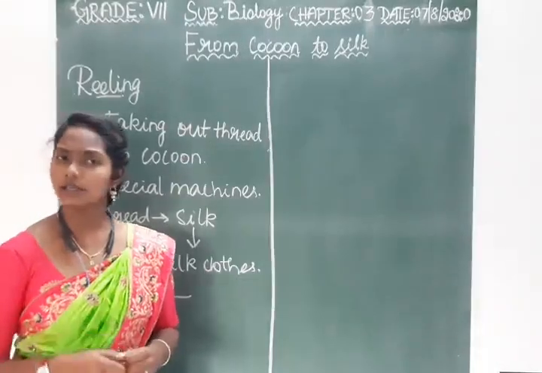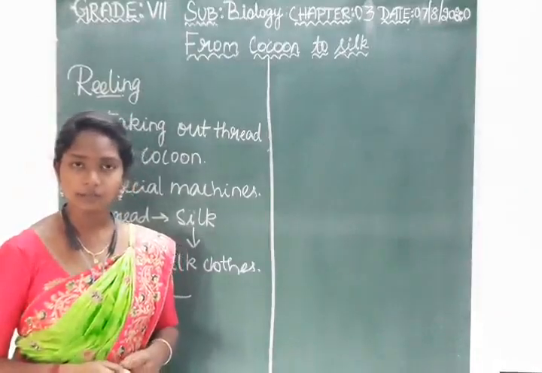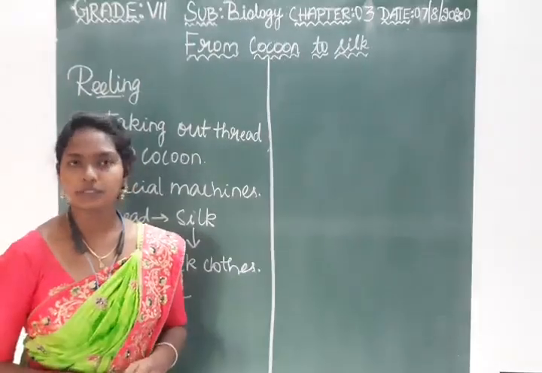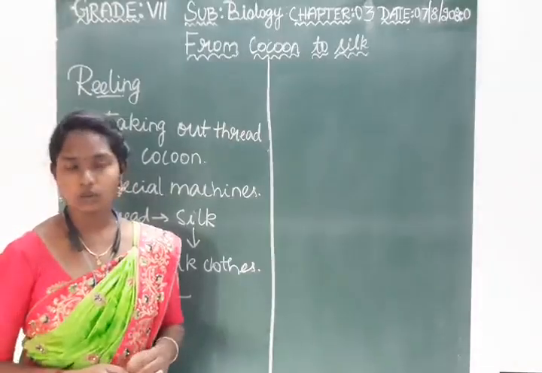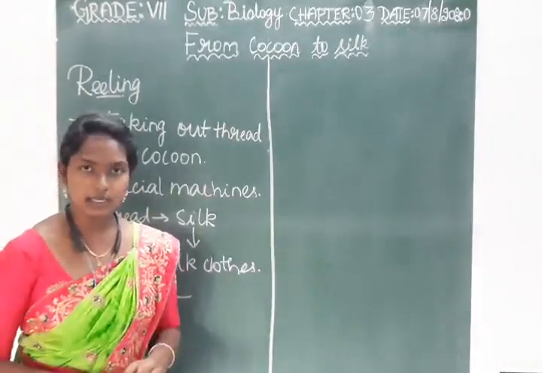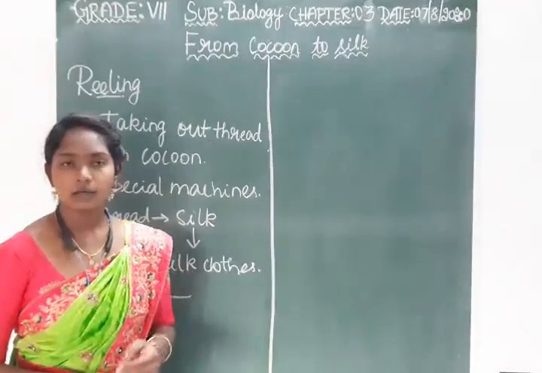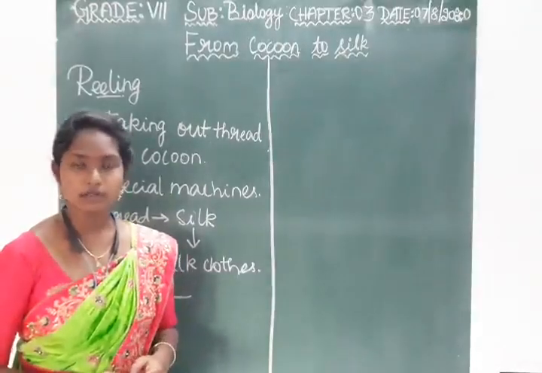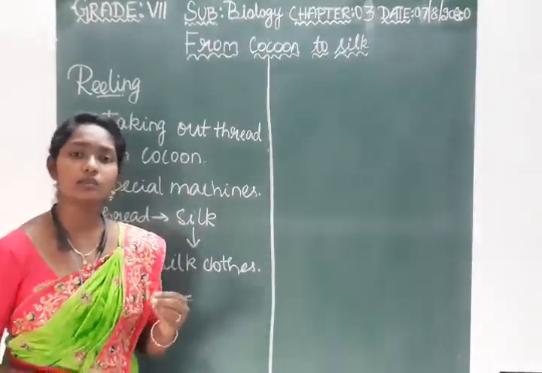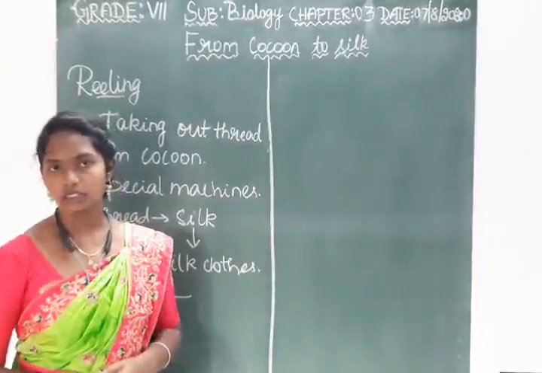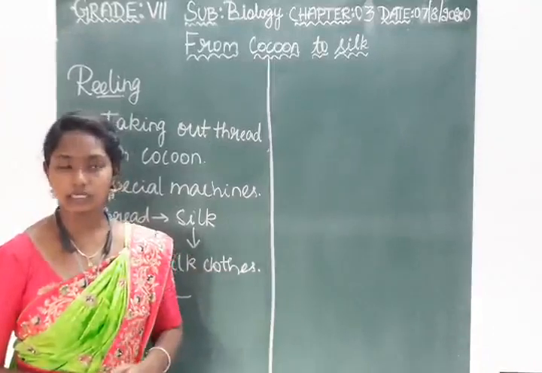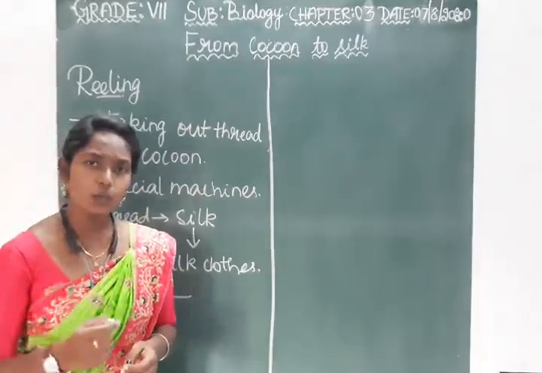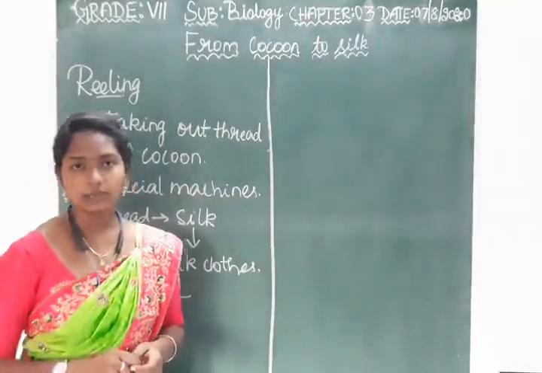Can you guess in which country silk was first discovered? Let me tell you about this. The exact time of the discovery of silk is not known, but according to a Chinese legend, a Chinese emperor asked the empress what the reason was for the damage to the mulberry leaves in their garden. The empress went to visit and found that small white worms had started to feed on the mulberry leaves.